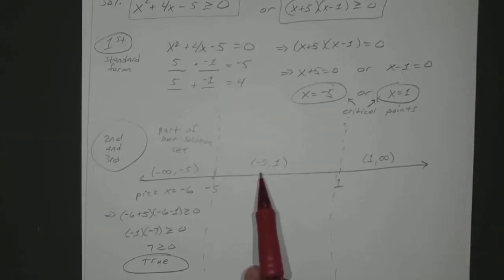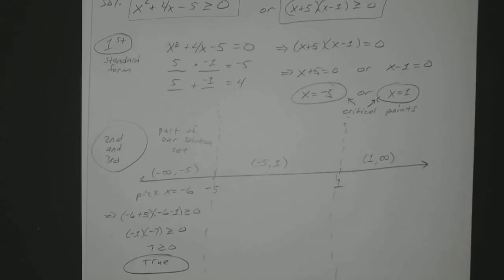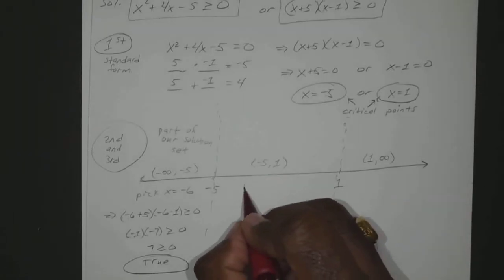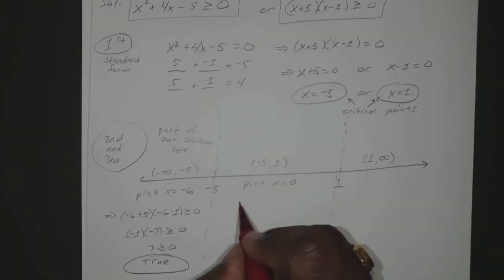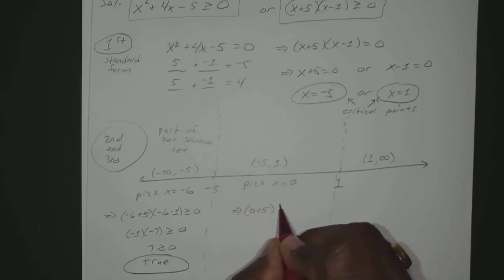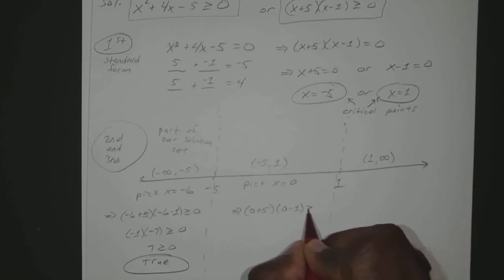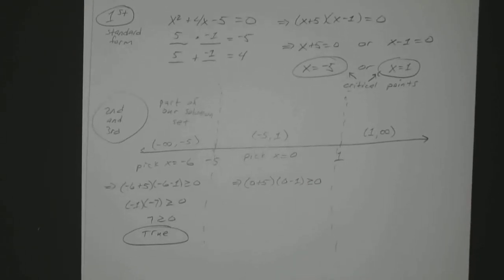Between negative 5 and 1, again, whenever possible, pick x equals 0. It's just easier. You won't always be able to pick x equals 0, but when you can, it helps. Pick x equals 0, so that gives us 0 plus 5 times 0 minus 1 is greater than or equal to 0.